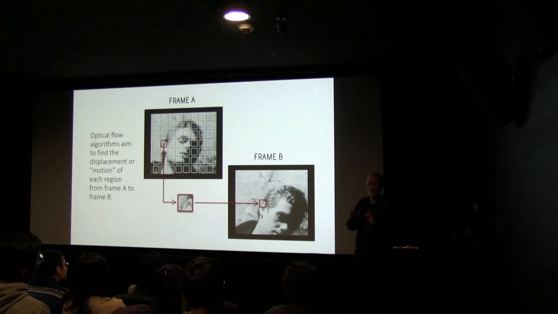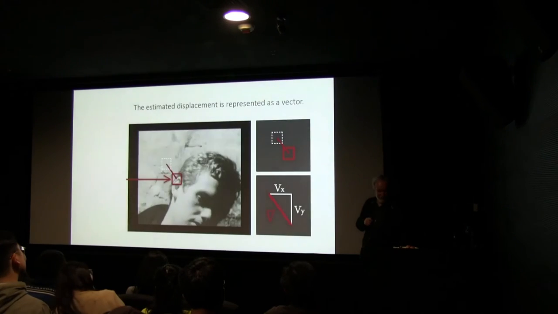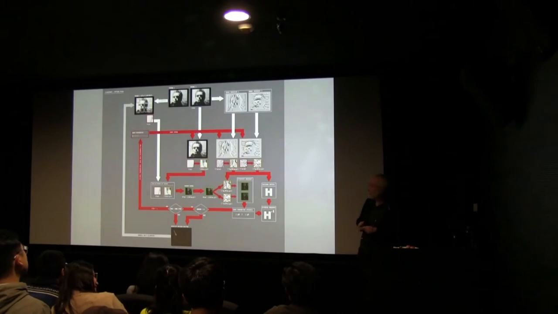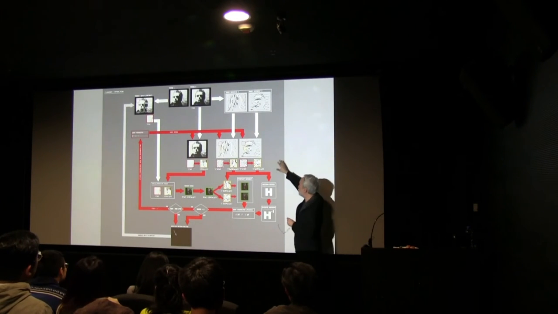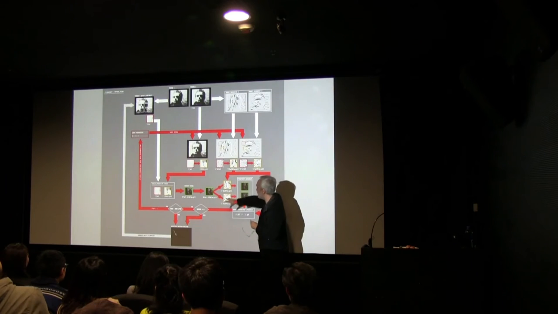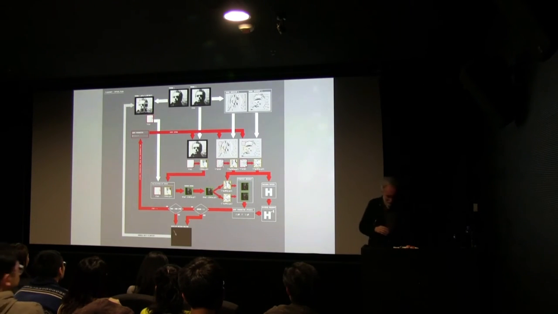Probability doesn't hurt. Other things, set theory. Anyway, we use a lot of calculus and linear algebra in order to find a match. So this is a complicated algorithm, complicated process.